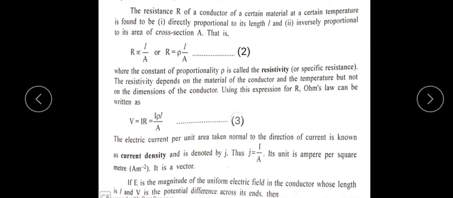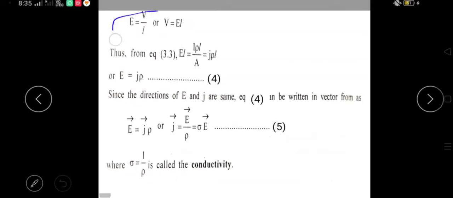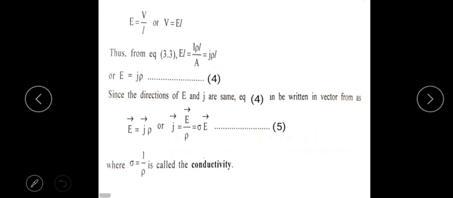The relation is E is equal to V divided by L. So the electric field E is the electric potential per unit length, that is V divided by L. This equation can be written as V is equal to EL.